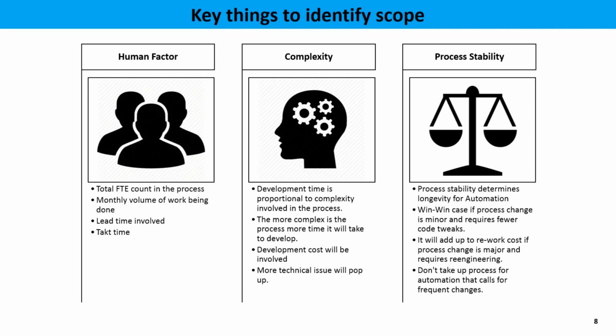The process stability. In process stability, if your operations team or any of your clients says, come and automate one of my processes, you have to see which application they are targeting, whether it is an SAP application, a mainframe application, a web application, Windows, anything.